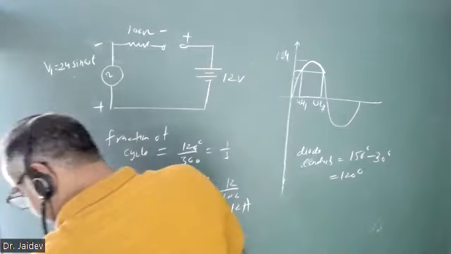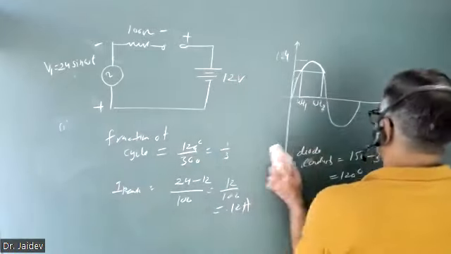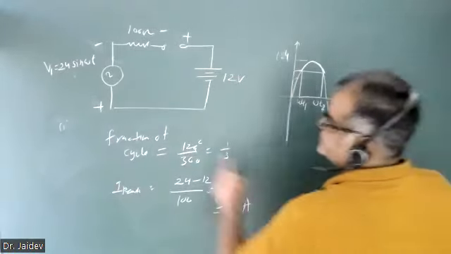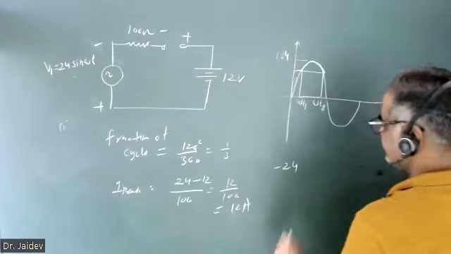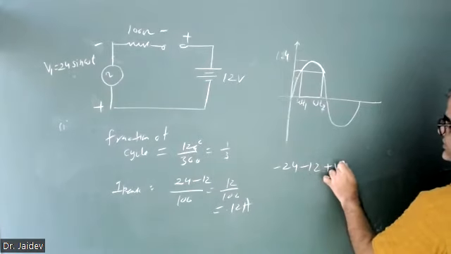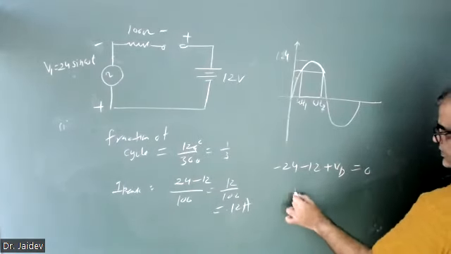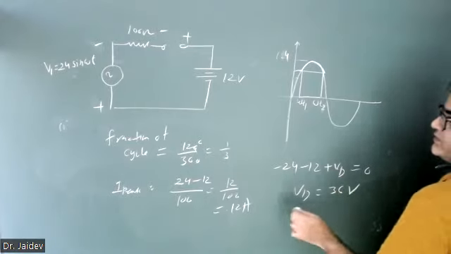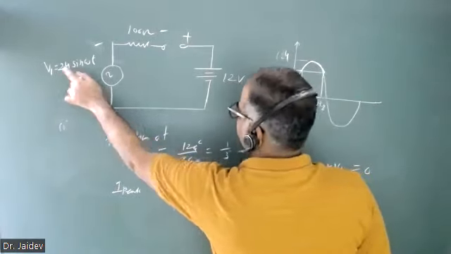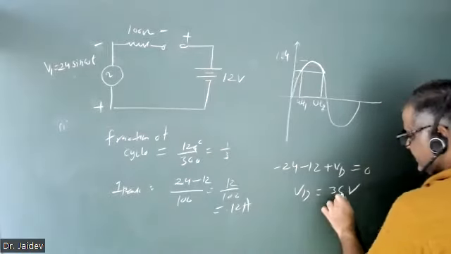So VD will be what? This is minus 24, this is minus 12, and this is your VD equals 0. So VD has a reverse bias of 36 volt. The maximum values are 24, 12, and VD is 36 volt.